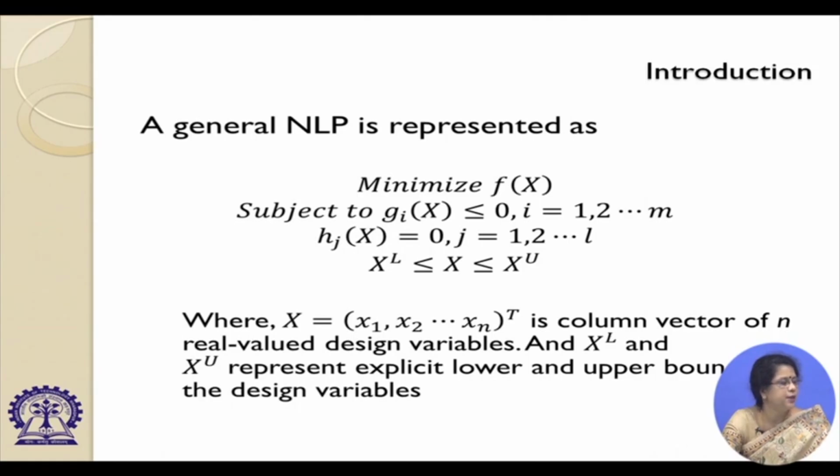The function f is the objective function, and there are m inequality constraints, the functions g_i(x), and there is a set of equality constraints as well, h_j(x), where j runs from 1 to L. That means there are m inequality constraints and L equality constraints.